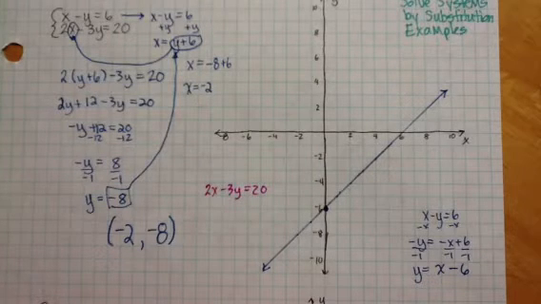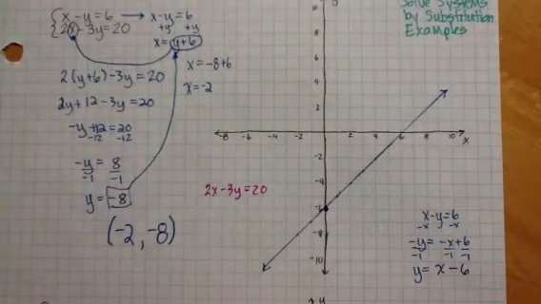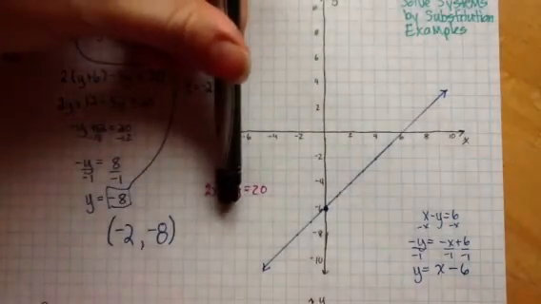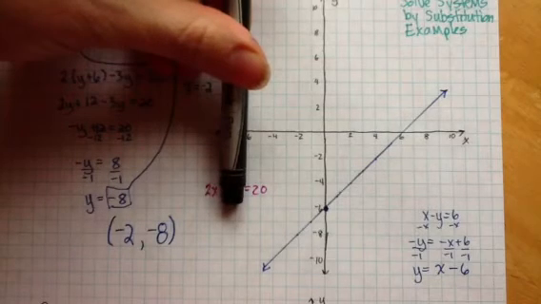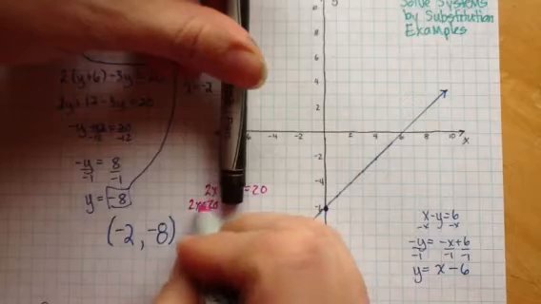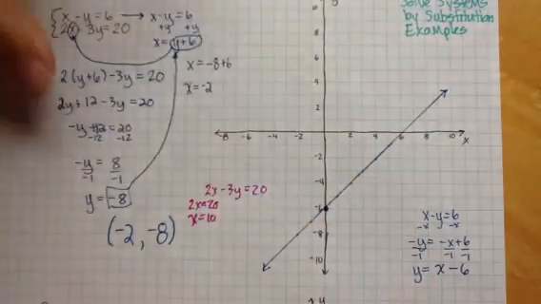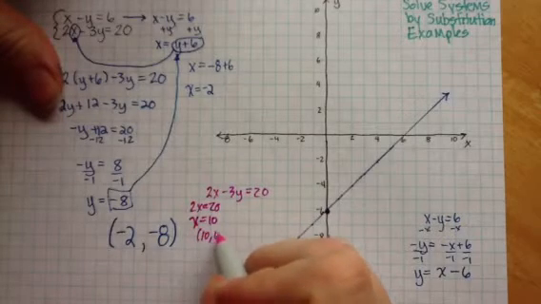So to get my x-intercept, I'm going to cover up the y. So I cover up the y, and that gives me the equation 2x equals 20. So 2x equals 20 tells me that x equals 10, which gives me the x-intercept 10, 0.